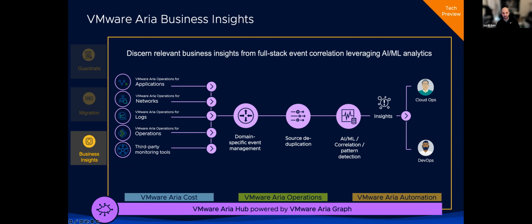Whether it's an application stretched across hybrid cloud or multi-cloud, or an instance living in AWS or a VM living in Azure or in VMware, it doesn't really matter. An event is an observation, and observations should be considered and correlated so that I can get to root cause rather quickly. That's what we're doing with Business Insights.